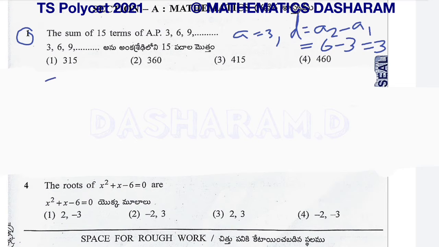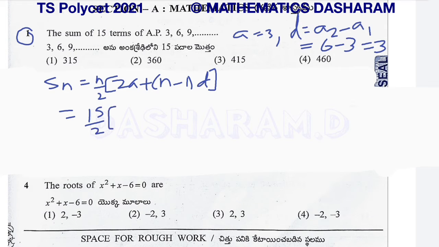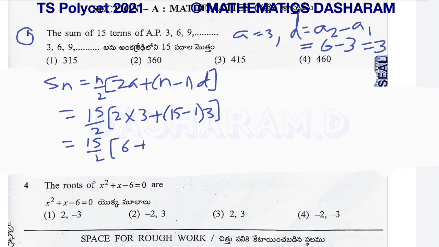Then the Sn formula is n by 2 of 2a plus (n minus 1) into d. Here the n value is 15 terms, so 15 divided by 2 into (2 times a value 3, plus 15 minus 1 into d value 3). 15 by 2 into, here 2 3s are 6, plus 14 3s is 42.